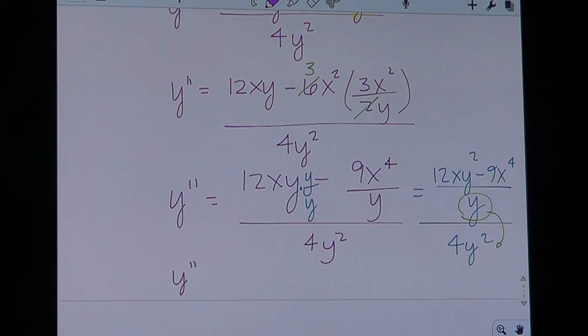Yeah, you should still get the same answer, but you'll still need to get it as one whole fraction, so you'll still have to get a common denominator. Yes? Are we on the same page? Mm-hmm.